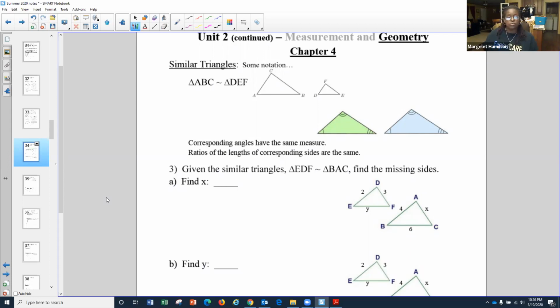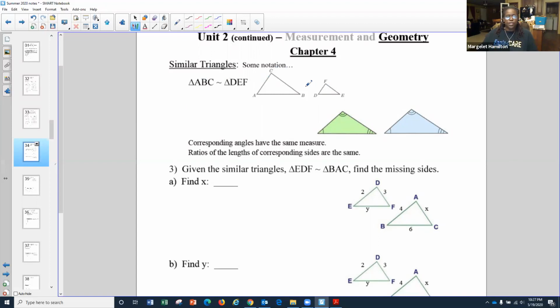Similar triangles are a picture of two triangles that have a similar shape, and they are denoted by this tilde sign, which represents similar. This statement says triangle ABC, so here's triangle ABC, is similar to triangle DEF.